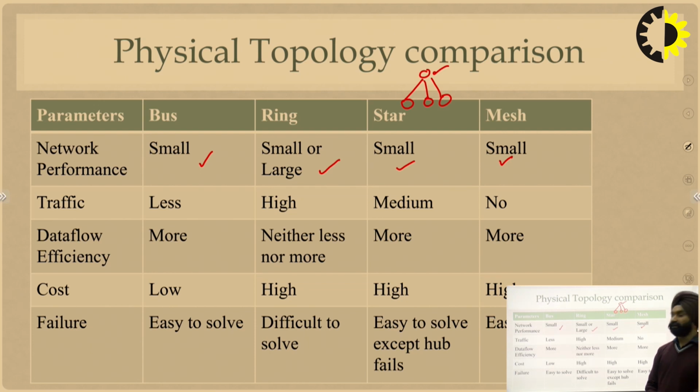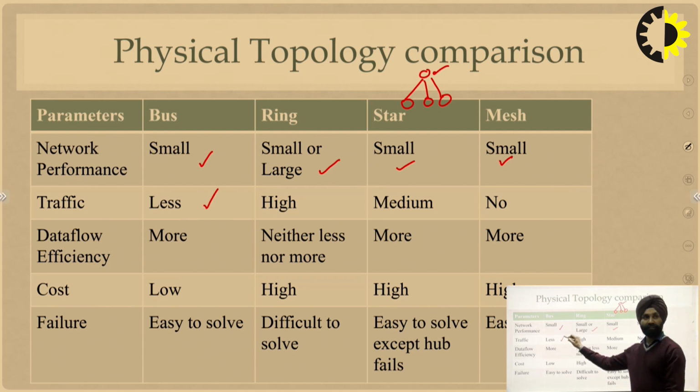Traffic: the bus network has less traffic, but the traffic is mainly communicated through the bus. The ring topology has the highest traffic, because the traffic that is being transmitted is circulating, or revolving, only in the ring.